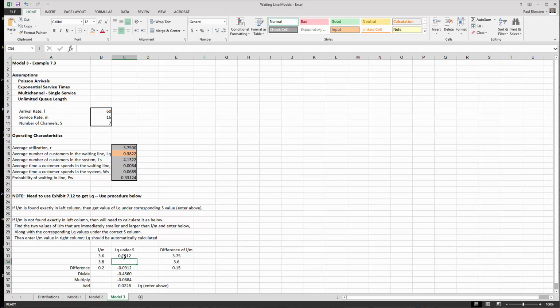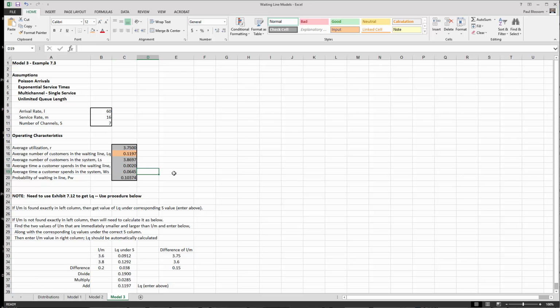We have minuses, and I need to find that same number, 7 servers for 3.8, and that number is 0.1292. And I hit enter, and it calculates everything. And the number that I need is here at the bottom, the 0.1197, and I have to go up and put that in here. Oops, sorry, 0.1197. There we go. Enter that, and then I can see that the numbers have been updated.